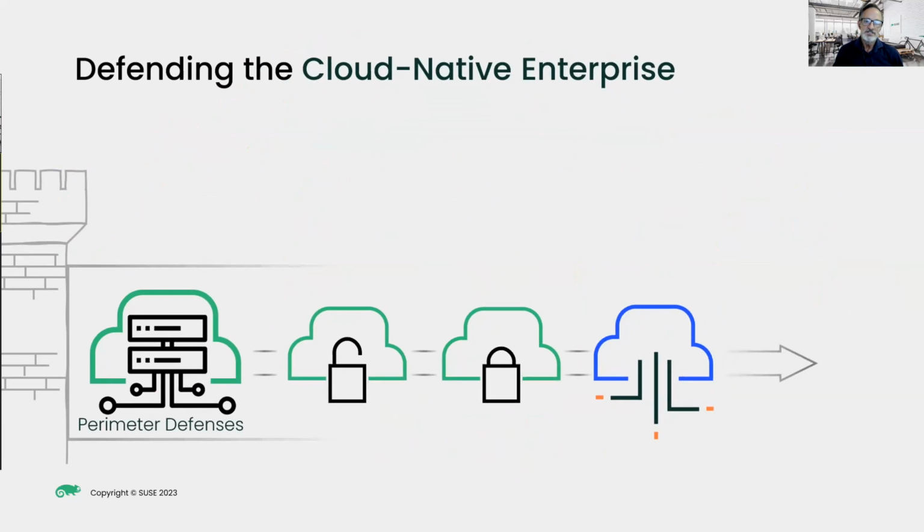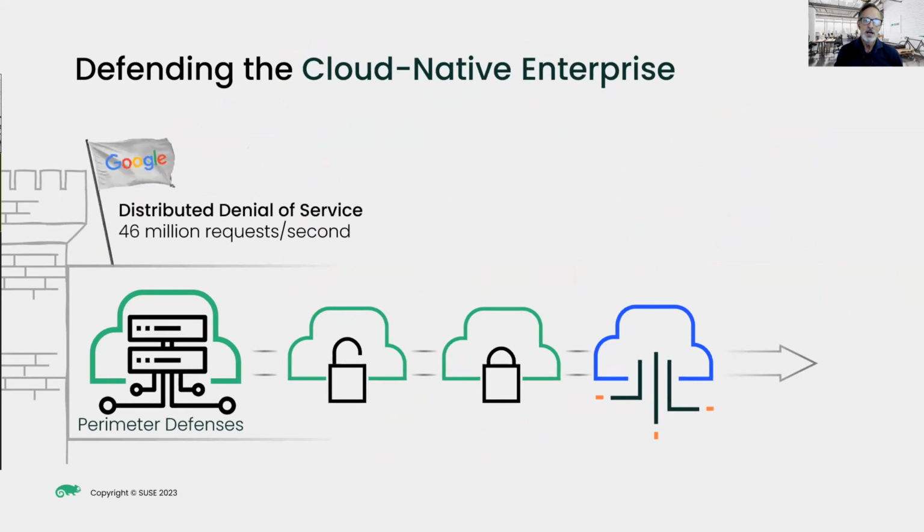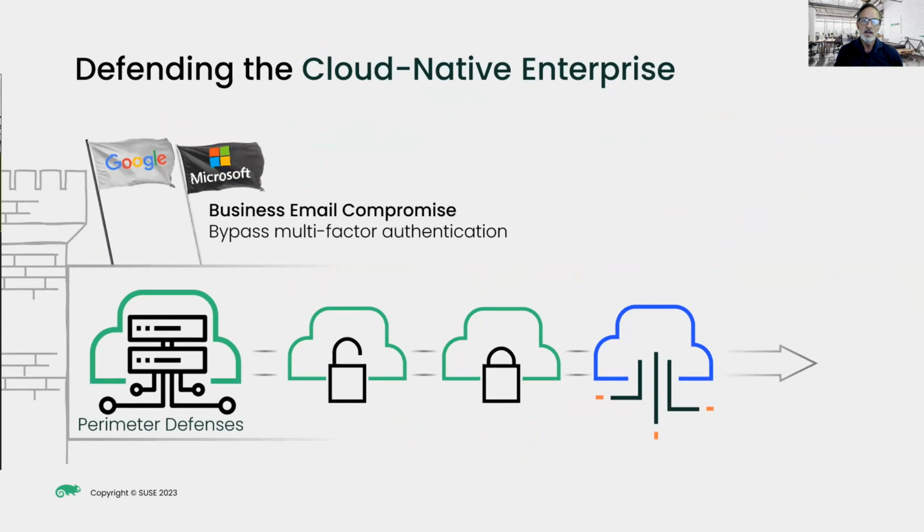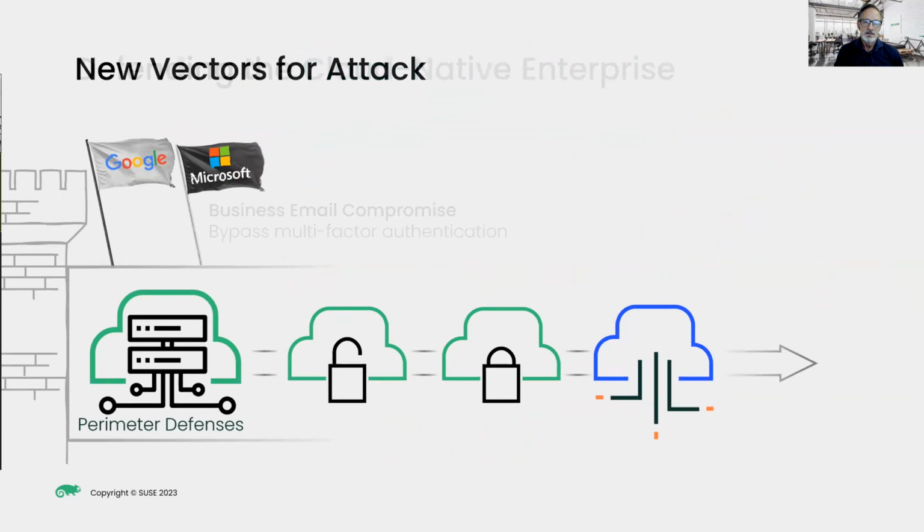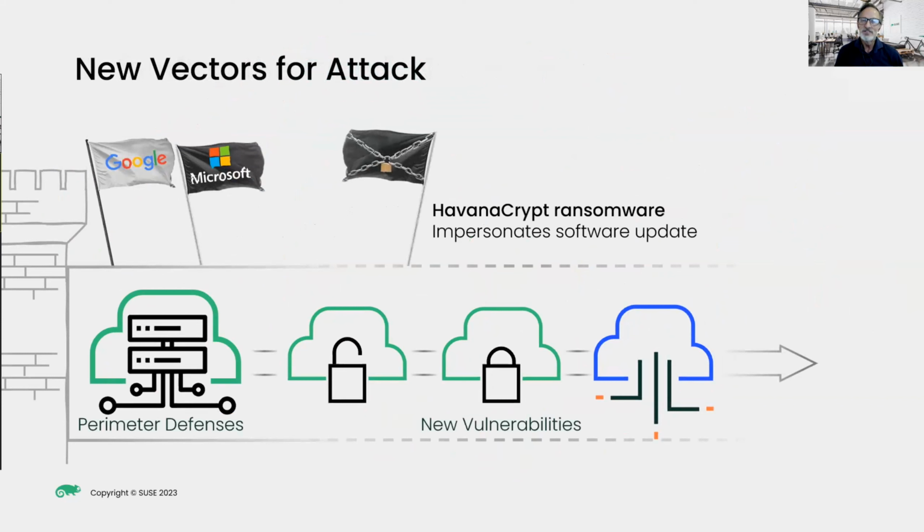The traditional defenses are still absolutely required. Perimeter and identity attacks continue, as evident in recent Google and Microsoft attacks. However, the new infrastructure models, rapid application delivery models, and in-the-wild distributed ecosystems have greatly expanded the attack surface, and threat actors have become much more creative and aggressive in exploiting vulnerabilities in this vast and rapidly evolving ecosystem.